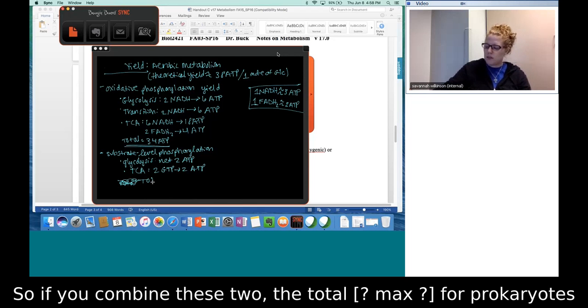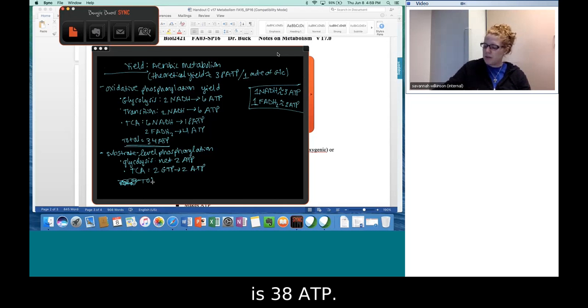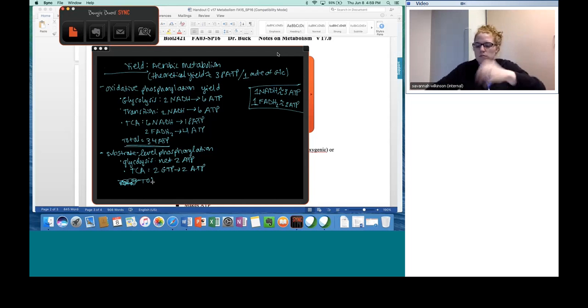So if you combine these two, the total max for prokaryotes is 38 ATP. So, hold on.